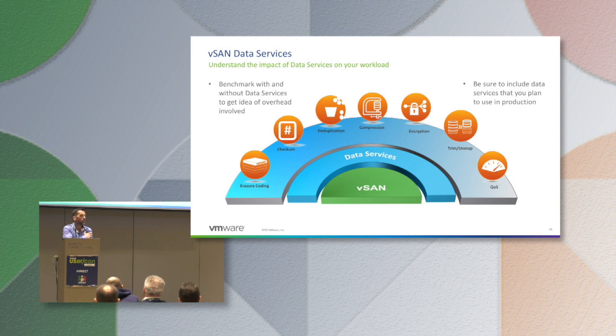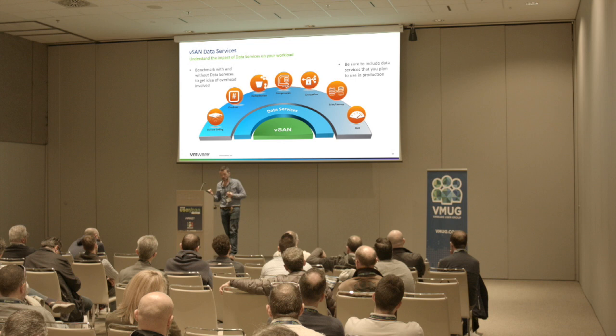So the main ones you will probably be looking at from a cost saving perspective if you're going for all flash are deduplication and compression, which come as a pair, and then erasure coding. Erasure coding is simply RAID 5, which is failures to tolerate equals 1, or RAID 6, which is failures to tolerate equals 2, using erasure coding as the failure tolerance method.